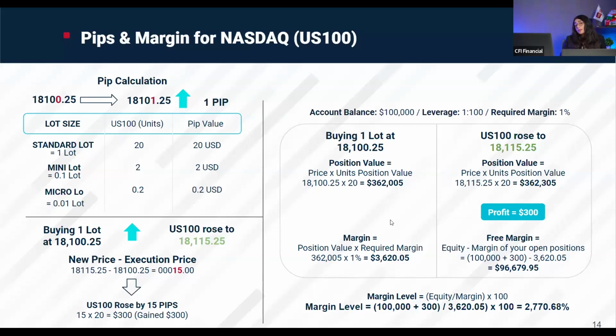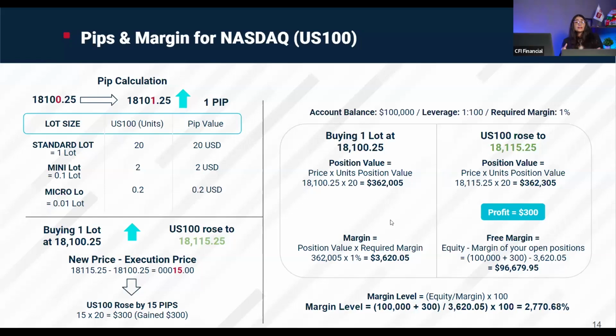I want to know approximately how much I have gained. Instead of using the pip calculation method, I'll use the position value method. So I take the price multiplied by the units or contract size. It has two names. I'll get $362,305. When you subtract them from each other, you're gonna gain $300.